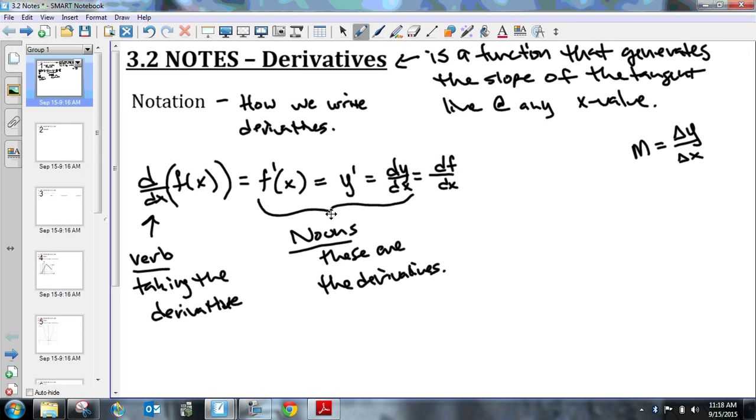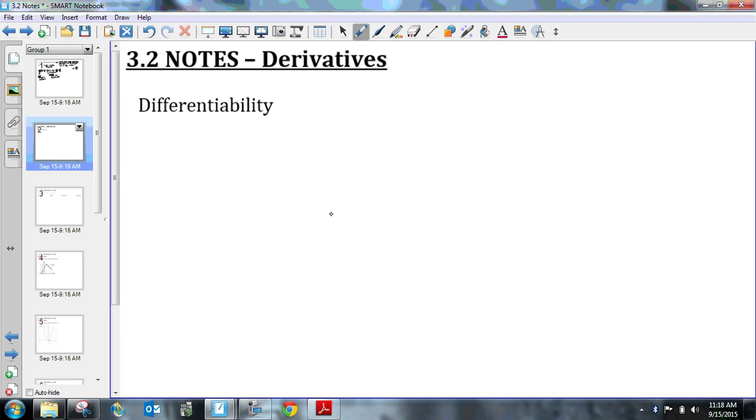So along with just the notation of how we name them, I want to talk about something called differentiability, okay? This is when I say, where do we have a derivative?